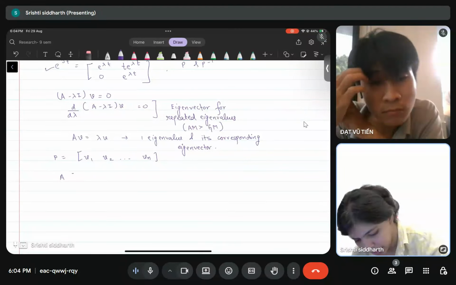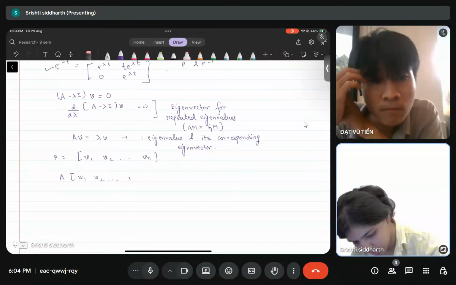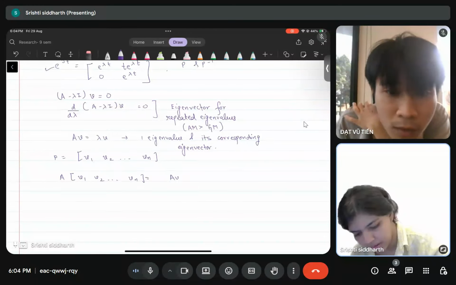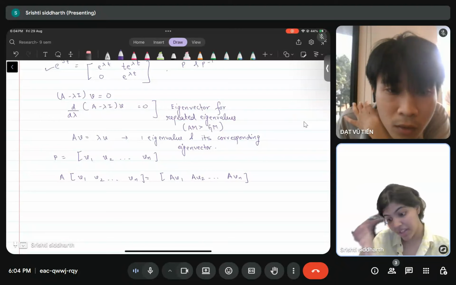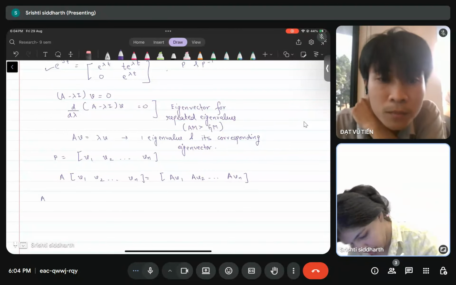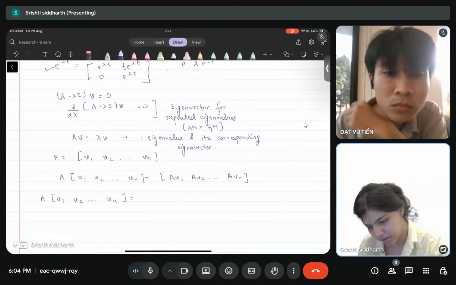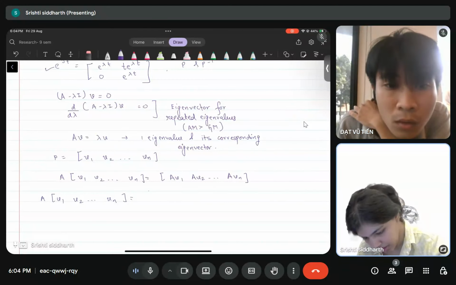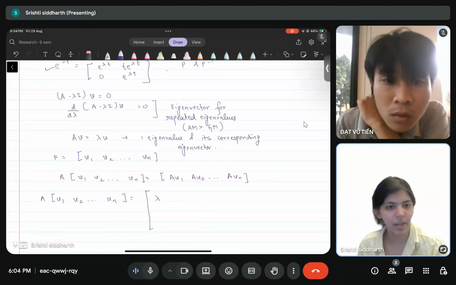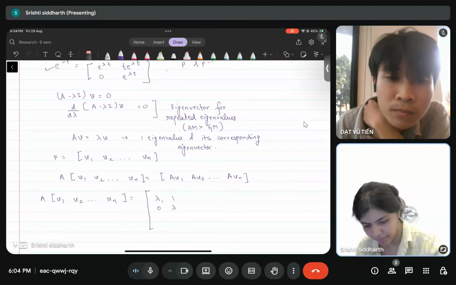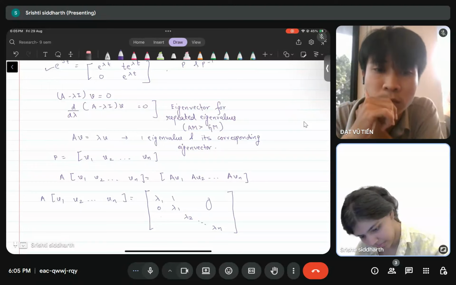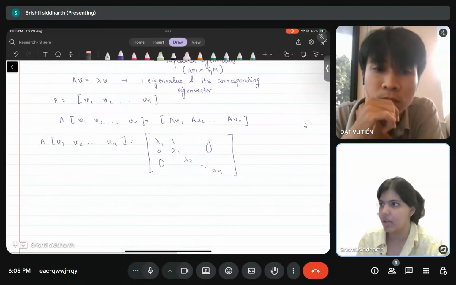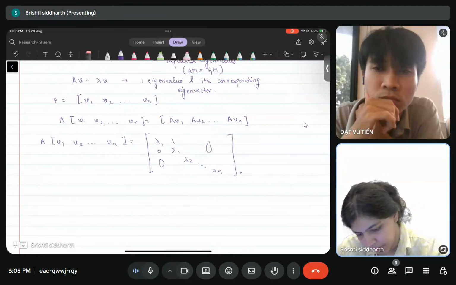And whenever we apply A to this, it is simply AV1, AV2, up to AVn, and by the definition this is lambda times V. Let's say the first eigenvalue was repeating, so lambda 1 is equal to lambda 1, lambda 2, lambda 3. This is going to be n by n.